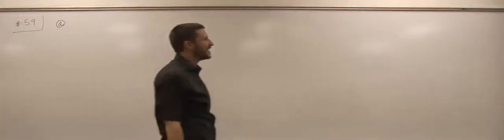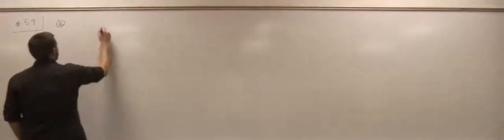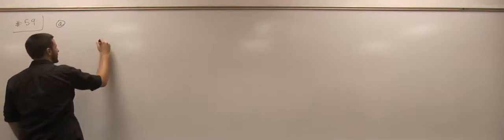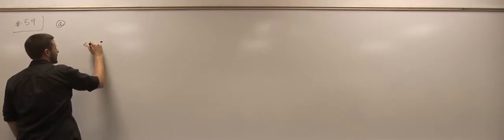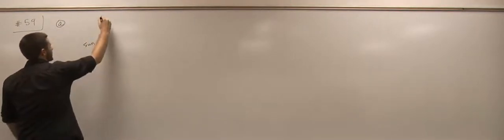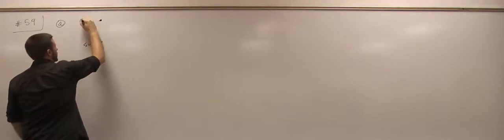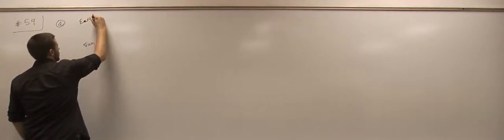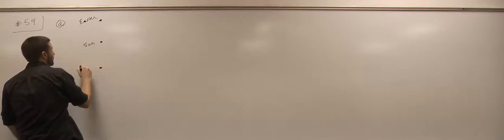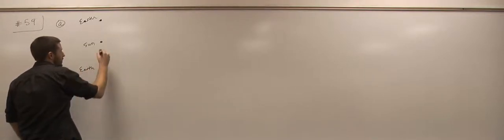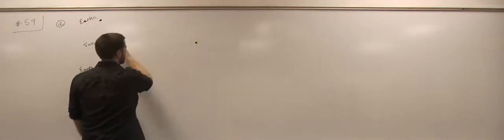Okay, all right, so let's draw the picture. So we have the Sun. We have the Earth at some time. We have the Earth at a different time. We have our star way out here.